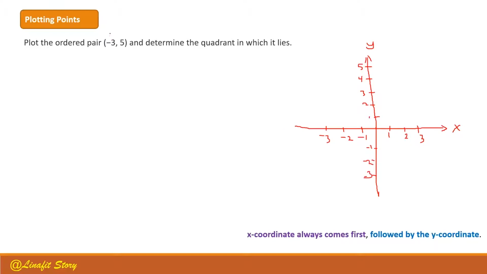Then, where is (-3, 5)? Remember, this is x, this is y. So x is -3, and then y is 5.